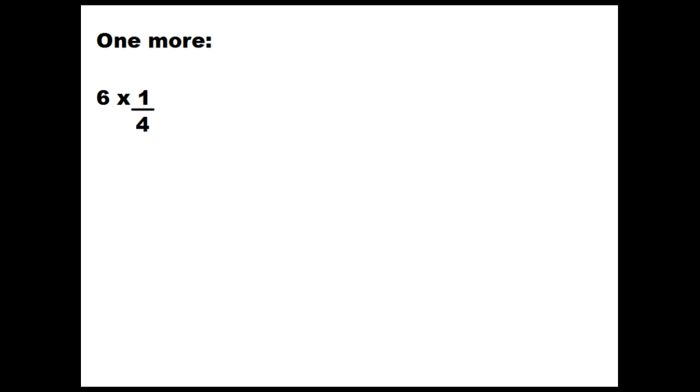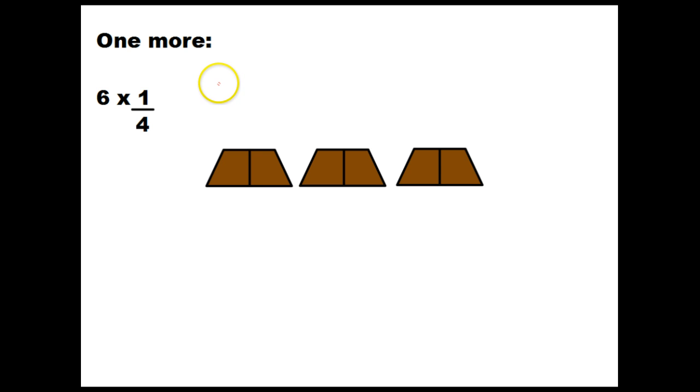Alright, let's try one more. Let's take 1/4 6 times. Go ahead and count out 6 1/4 pieces. And when you're done, what you'll have is 6/4. Okay, so there's my improper fraction, 6/4.